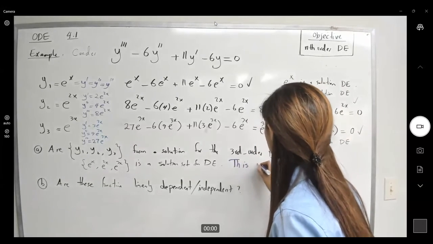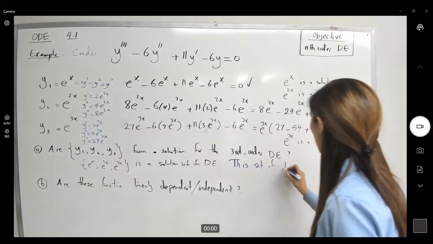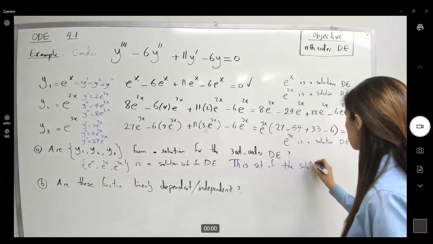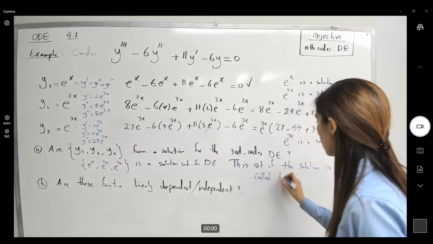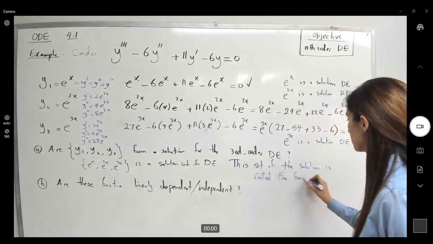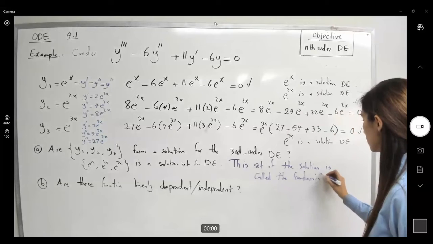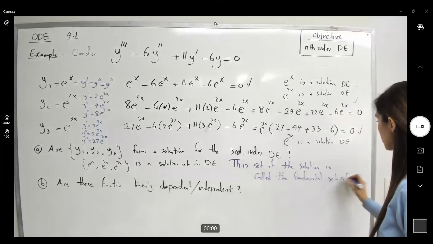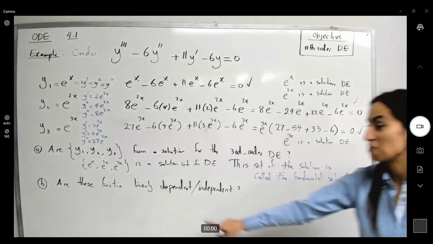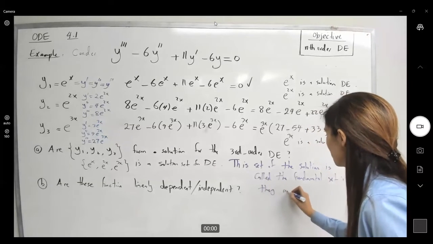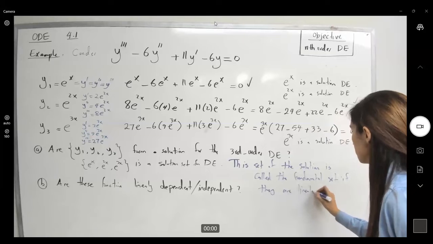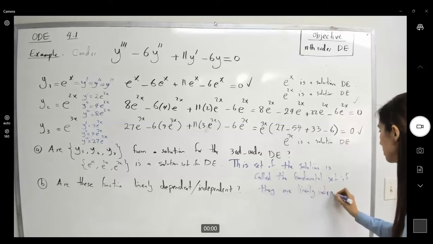This set of solutions is called the fundamental set if they are linearly independent as well.